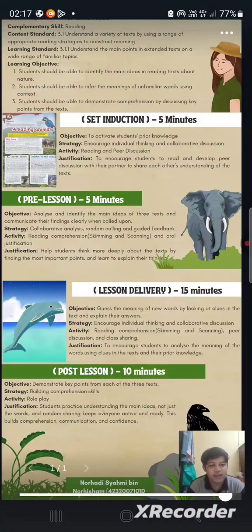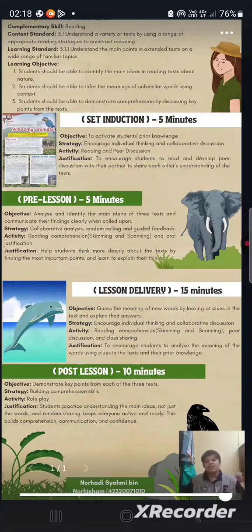That is why the students need to stay with their pair and discuss the meaning of the highlighted words. So the strategy is to encourage individual thinking and collaborative discussion, and the activity is basically the same: reading comprehension, which is skimming and scanning, peer discussion, and class sharing.